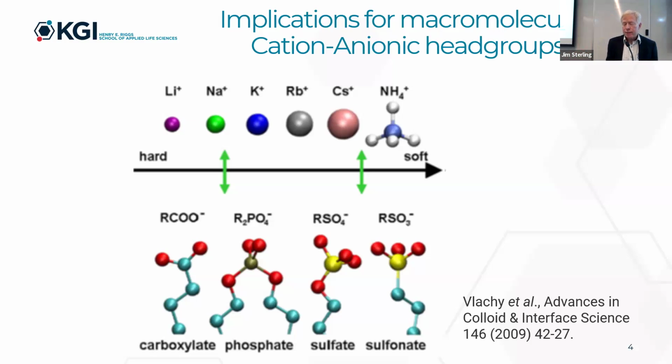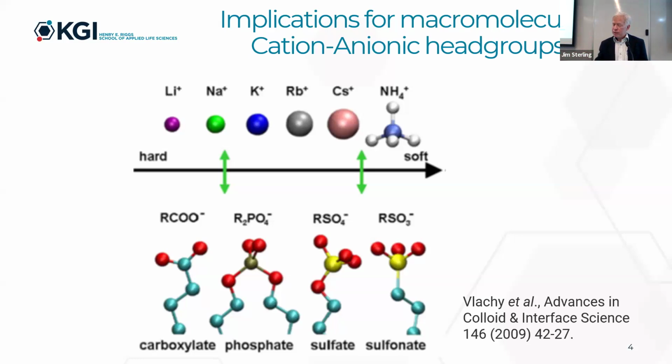So you have carboxylates, you have phosphates, sulfates, and sulfonates in biology, and those are going to pair in a weak type of hydrogen bonding, ionic bonding. So it's not covalent by any means, but this ion pairing, these ions, as they approach each other, will be attracted. And in that process, they'll drive out water.